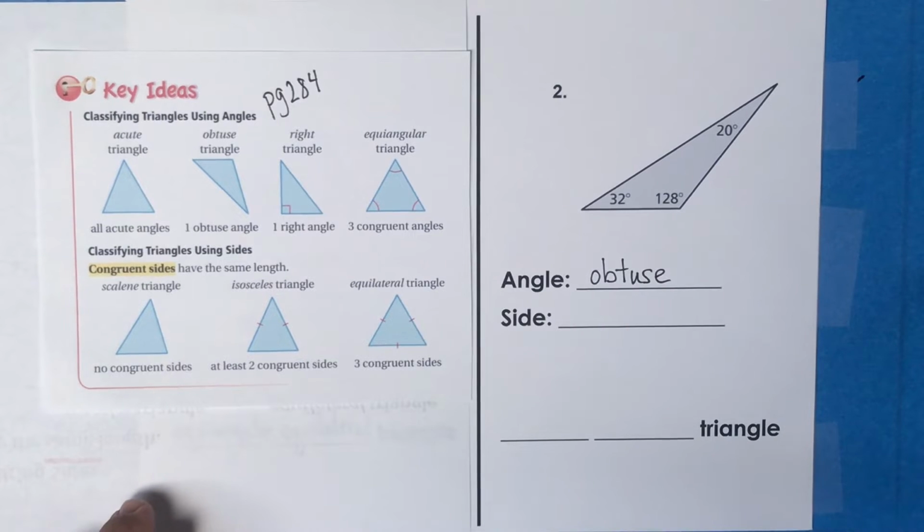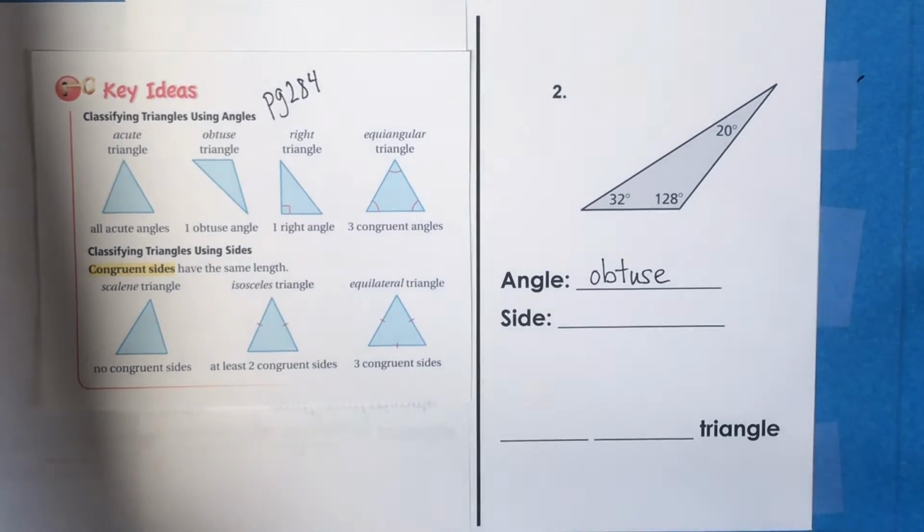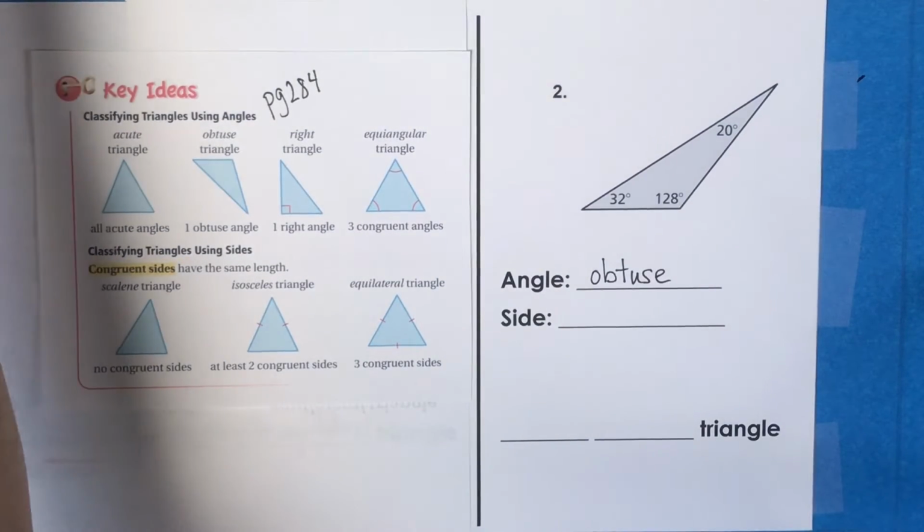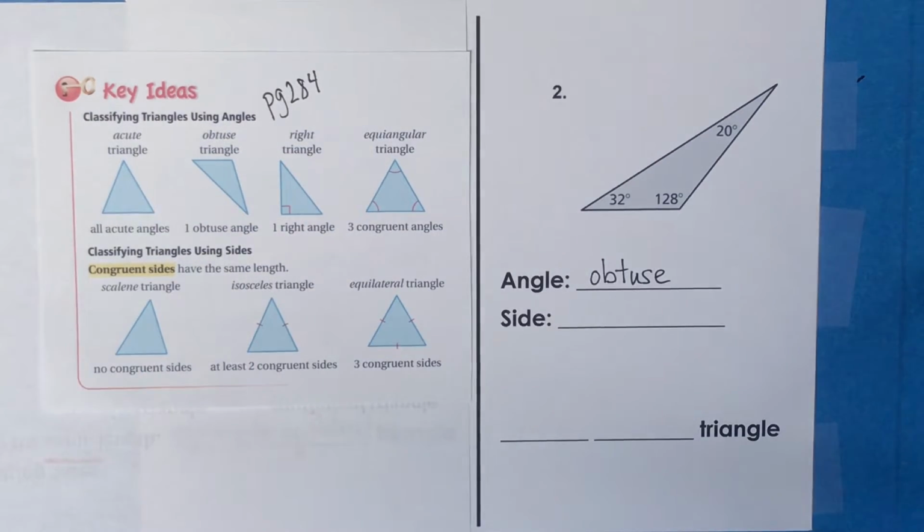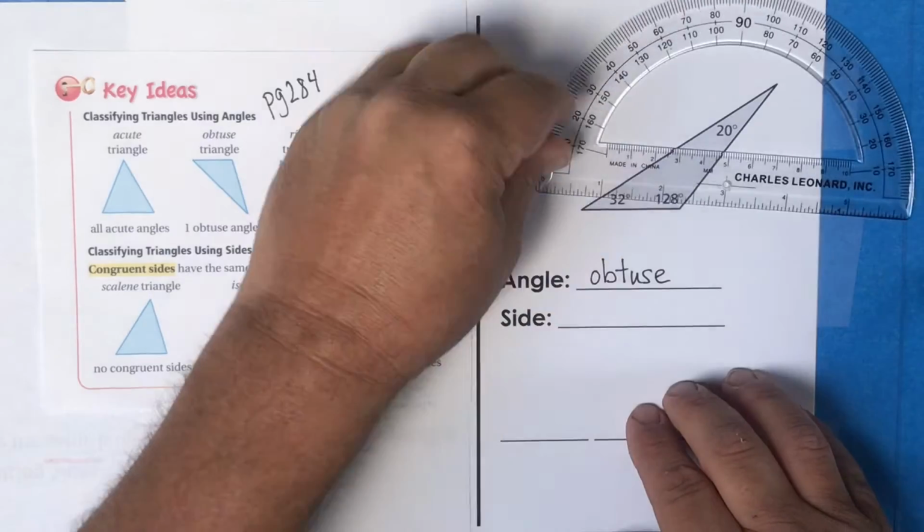Now I'm going to classify it based on its side lengths. Well, I don't see any tick marks, so that doesn't help me out thinking that any of them are the same measurement. But I may have to refer to a ruler to help me determine the lengths of these sides. They all look different, but I'm just going to check to make sure. Okay.